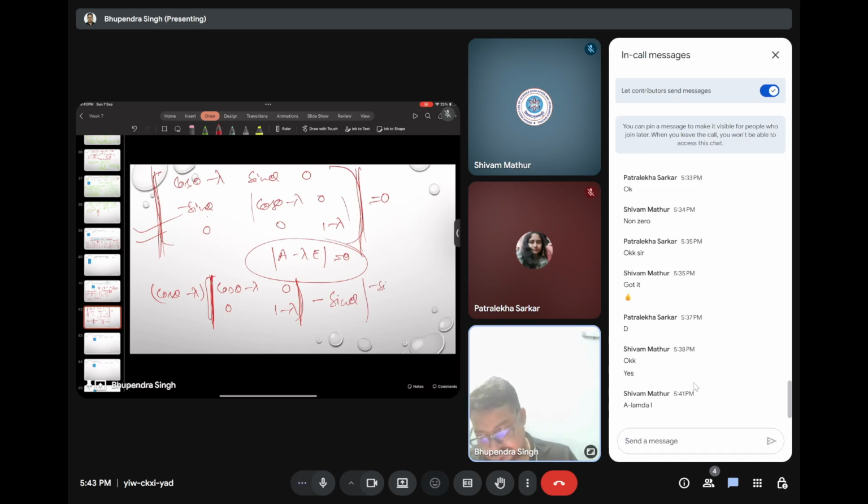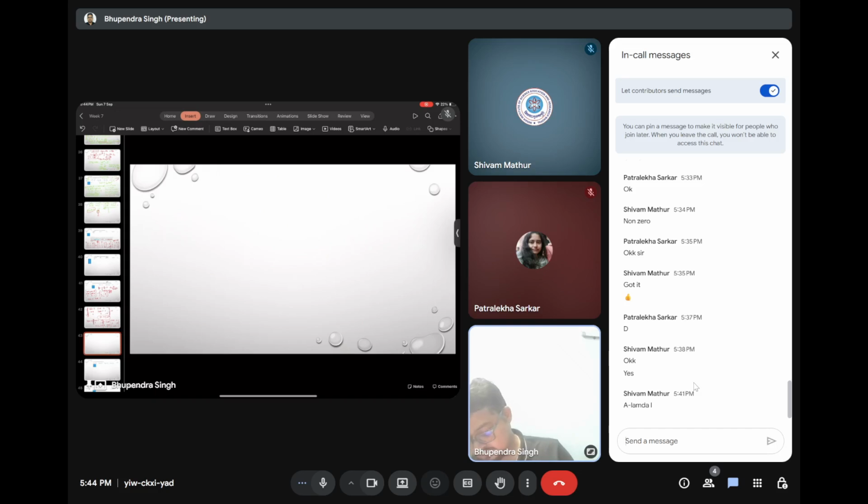Minus sin theta, 0, 0, 1 minus lambda, plus 0 multiplied by this minus sin theta, cos theta, 0, 0. This is equal to 0. So this is how you determine the determinant.